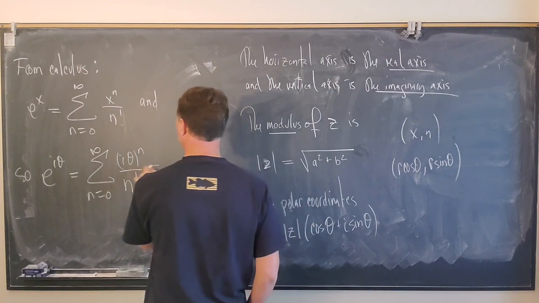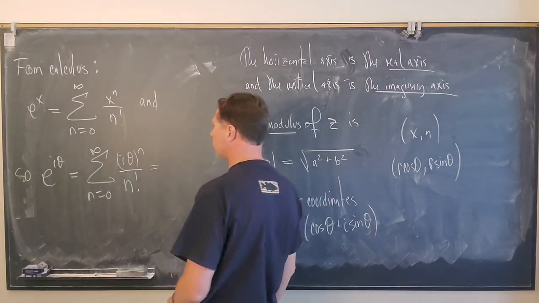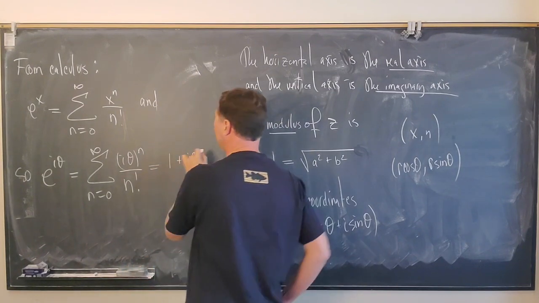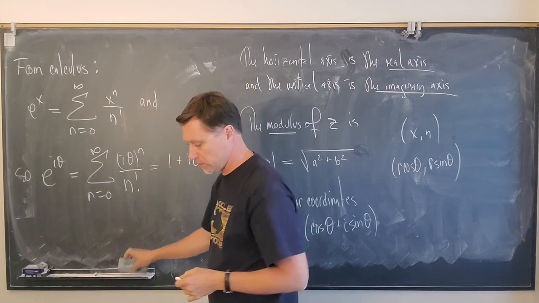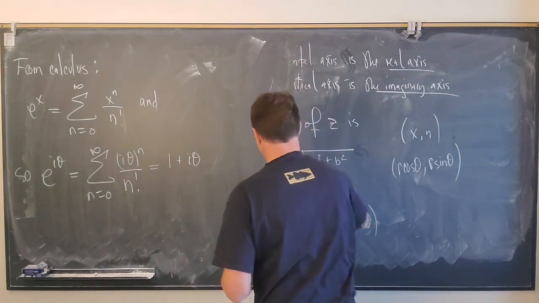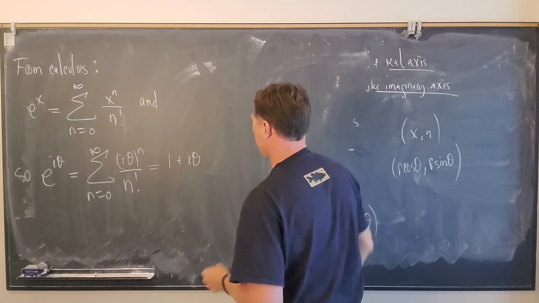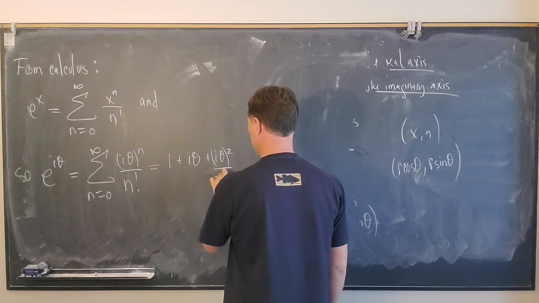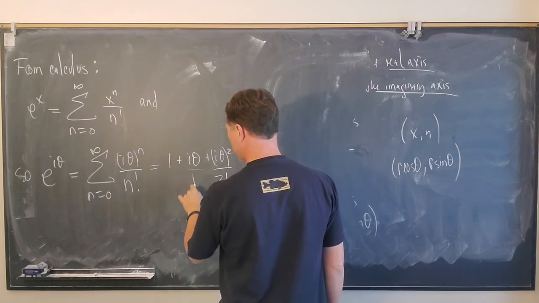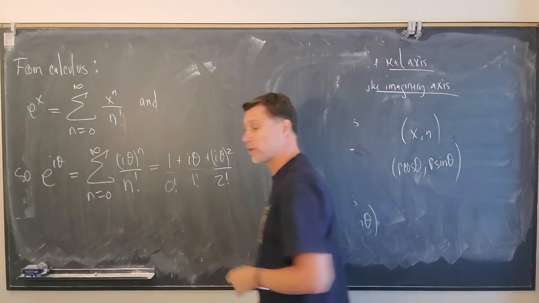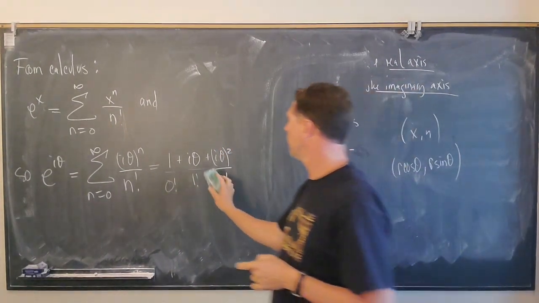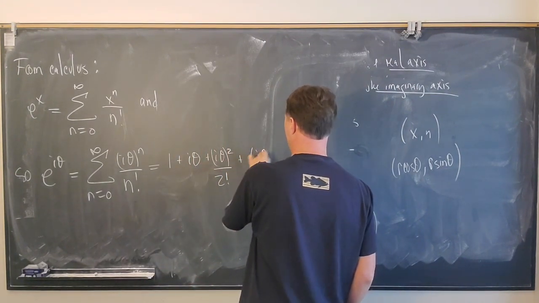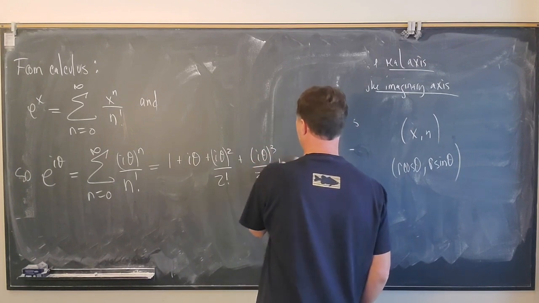If you were to actually write this out, when n equals 0 you just get 1, and then you get plus i theta to the 1 divided by 1 factorial, plus, I'm going to write out a few terms here, plus (i theta) squared over 2 factorial. Officially there's a 1 factorial down here, and officially there's a 0 factorial here. Remember, 0 factorial is equal to 1, but let's not crowd our picture out too much. Then it would be plus (i theta) cubed over 3 factorial, and you just keep going.